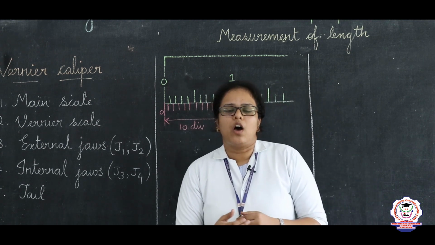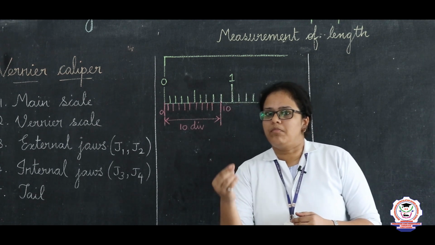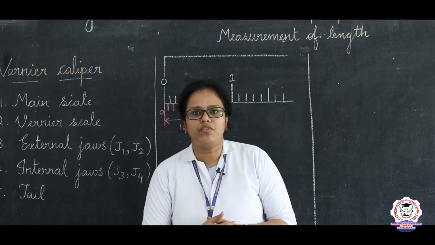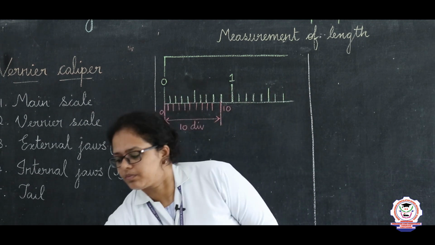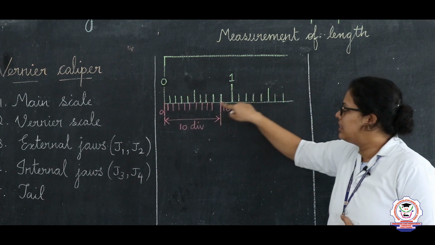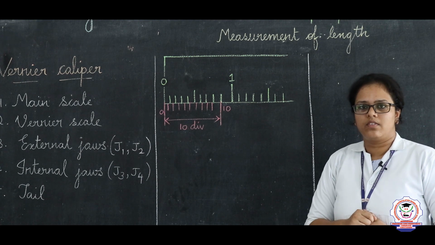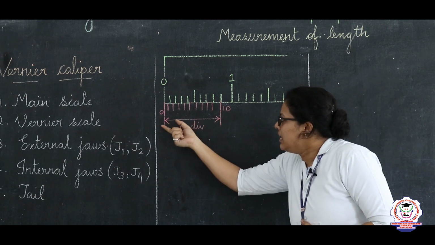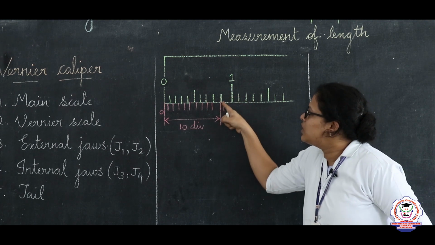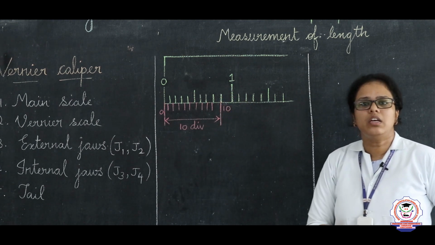Before going to see how to measure the diameter of an object, we'll see the working principle of the vernier caliper. Here, this is the main scale and this is the vernier scale reading. If you are looking, the 10 divisions on the vernier scale correspond to the 9 divisions on the main scale.